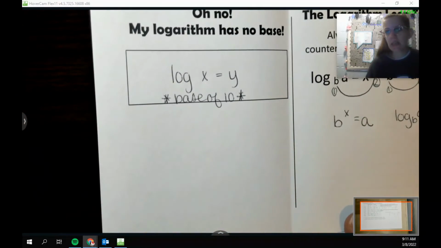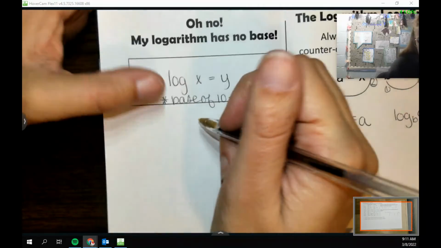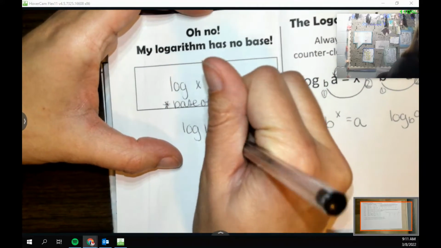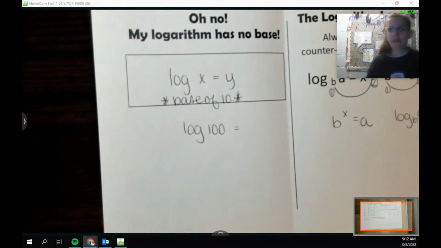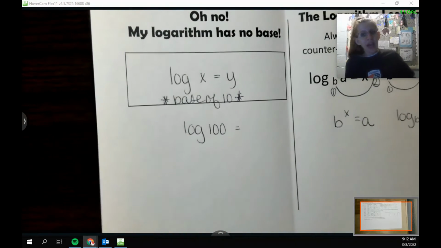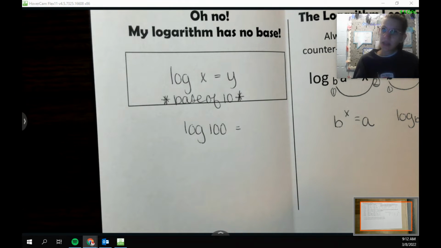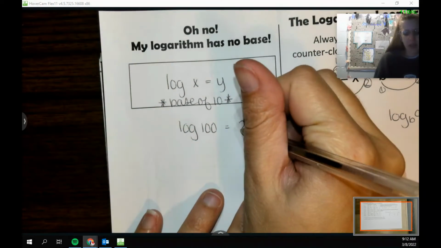So if you don't see it, then your base is 10. So some quick examples here. If I had log of 100 and we wanted to evaluate, we're thinking mystery base. So 10 to what power is 100? I think that's 2.